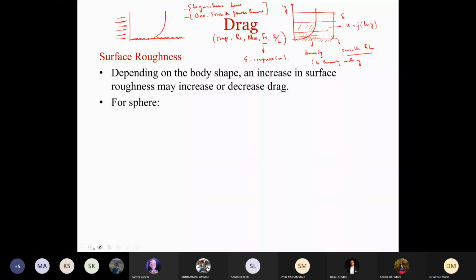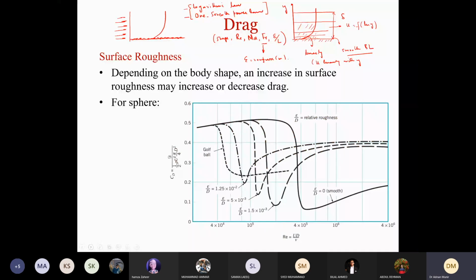Now for a sphere, this is a graph which gives you Reynolds number on your x-axis and CD, the drag coefficient, on your y-axis. You can see multiple curves here.